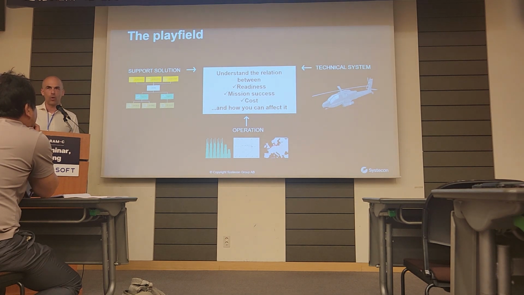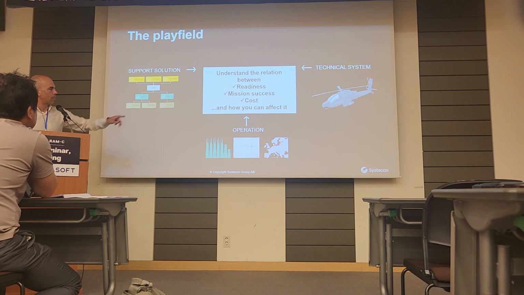You can't only look at one of them and think that you will accomplish system effectiveness or cost effectiveness by just addressing one of these three. You need to look at the whole picture. And for me, sometimes this is the whole system. It's not the helicopter back there.